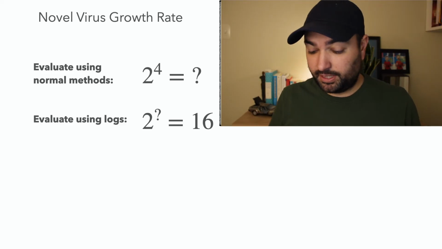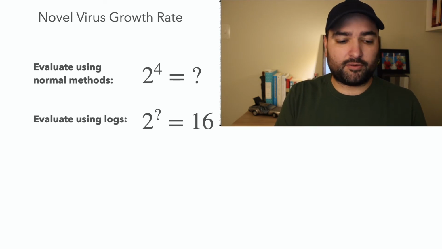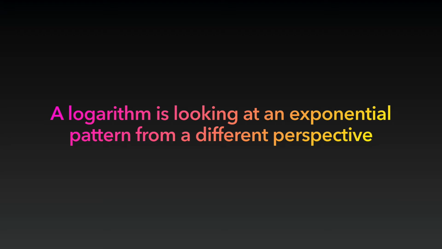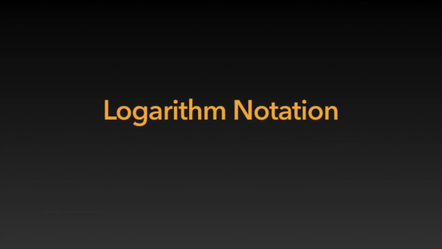The first one here you've seen in previous years, but the second one flips the question right around, and we're looking at it from a different perspective. I think it's really important that we make it very clear that a logarithm is the same as an exponential pattern, but it's just looking at it from a different perspective. Let's look at some notation for logarithms.